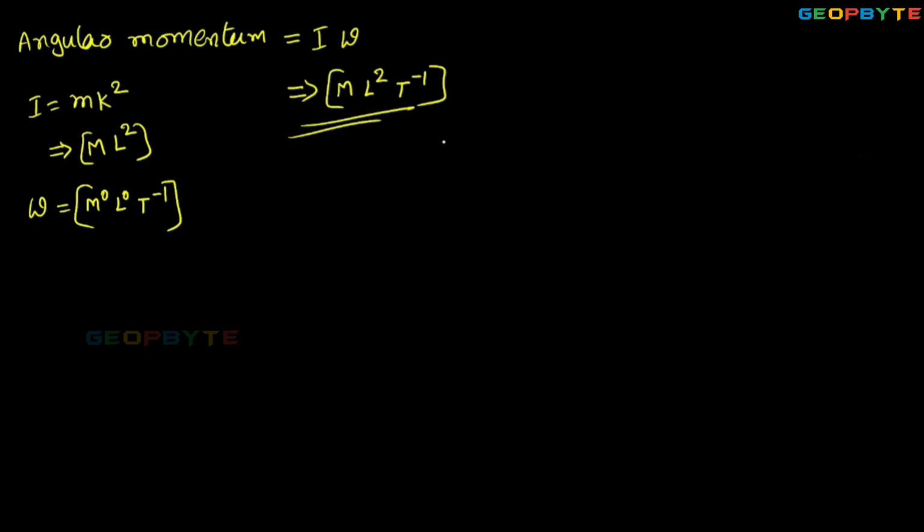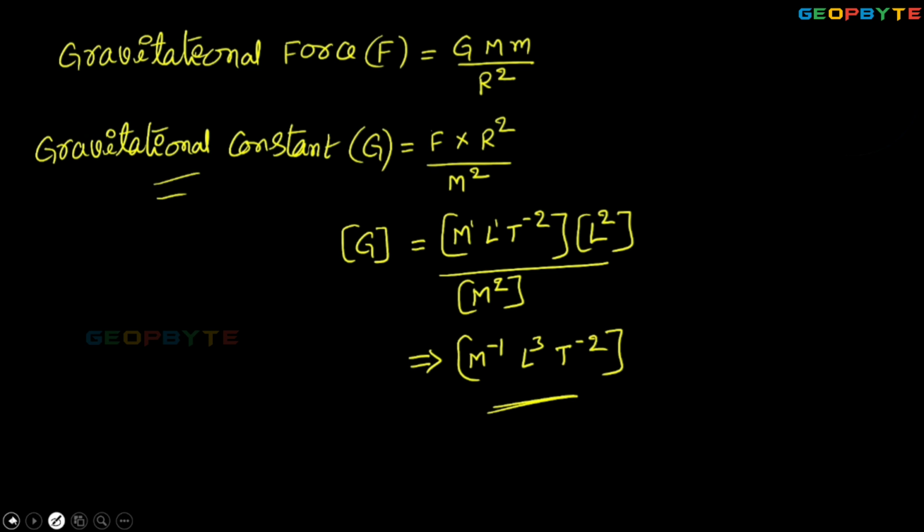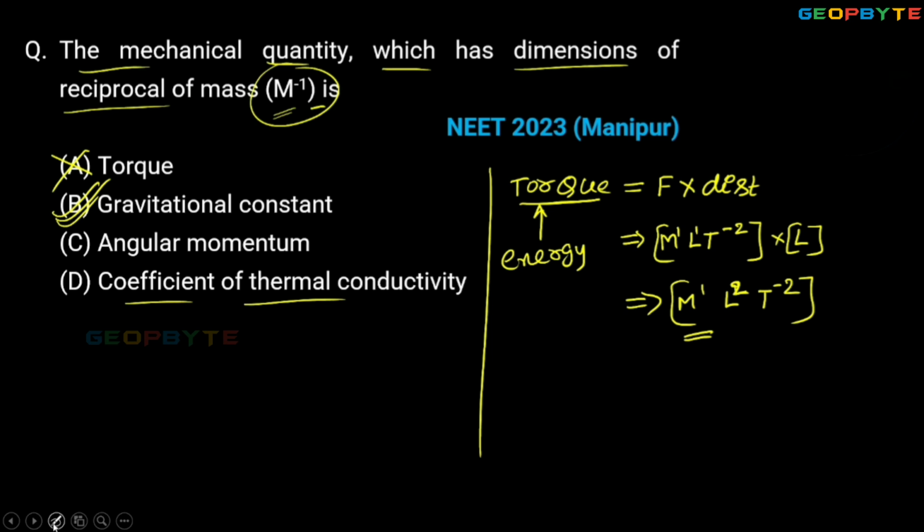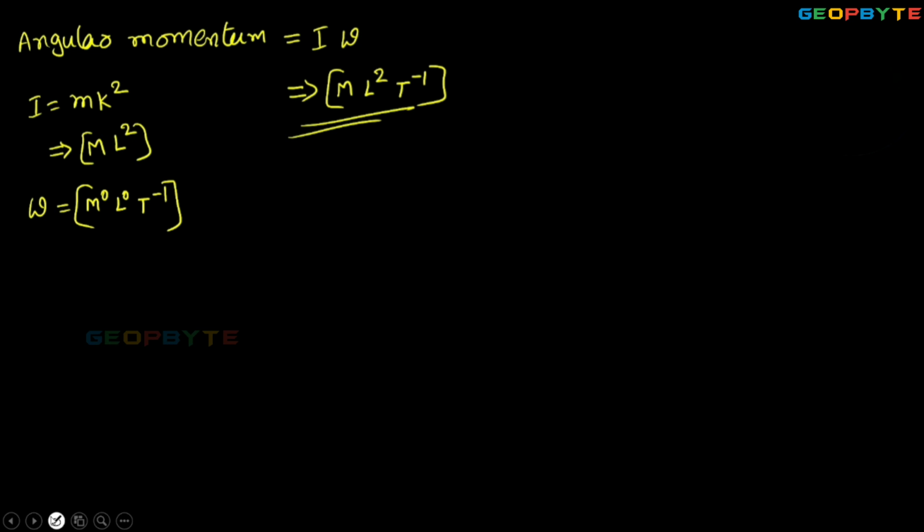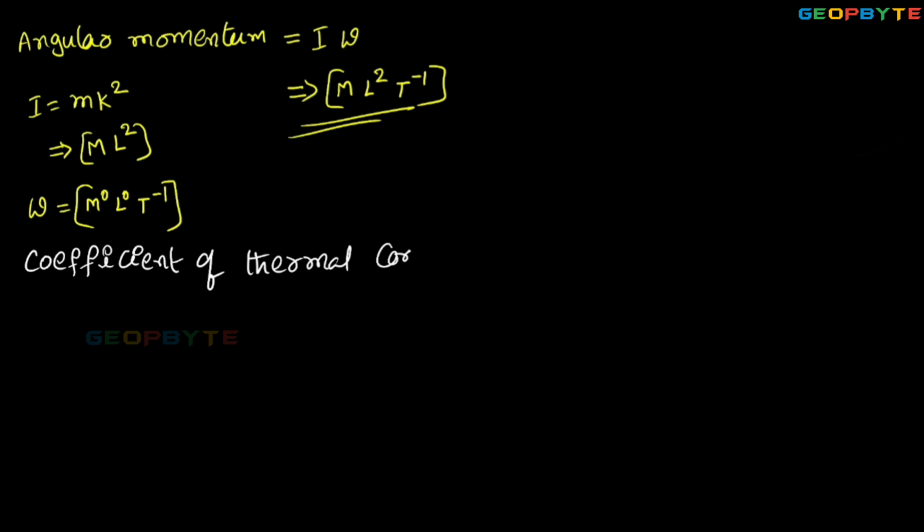The same way, let us write the dimensional formula for the coefficient of thermal conductivity. You know, the coefficient of thermal conductivity unit is watts per meter Kelvin. What is the watt? Joule per second.